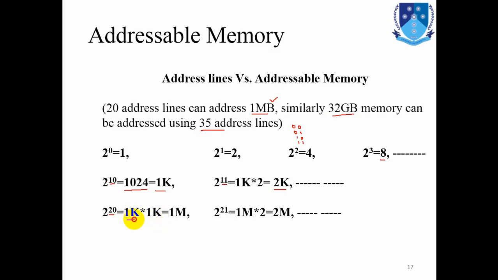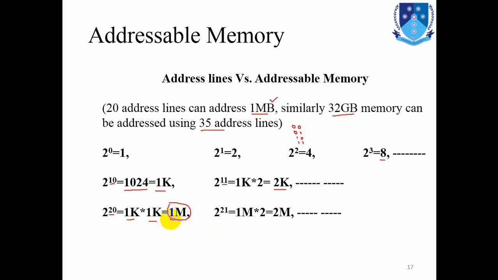That 1 kilo is representing 10 power 3. So multiplying 1 kilo with 1 kilo, we will have 1 million, or in other words it can be termed as 1 mega. So to address 1 mega locations, the size of the location does not matter. It might be 8-bit or it might be 16-bit and so on.